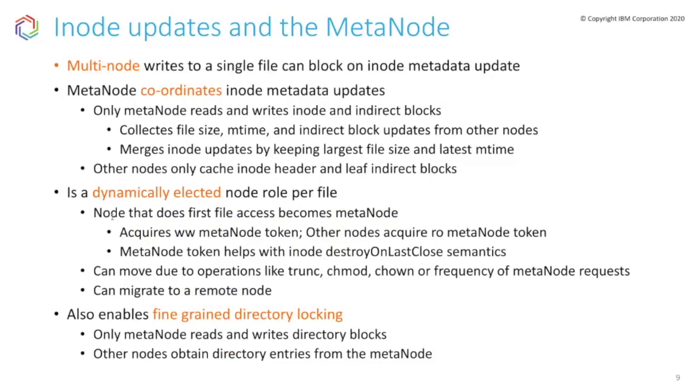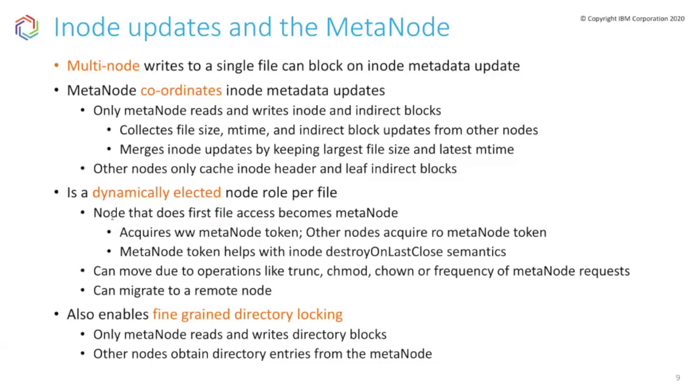So meta node is simply a role for every file that is being used in the file system, and it is responsible for making any updates to the inode or indirect block or basically any metadata related to that file. And it will take the responsibility of flushing the changes to disk and protecting it through recovery logs and all that.